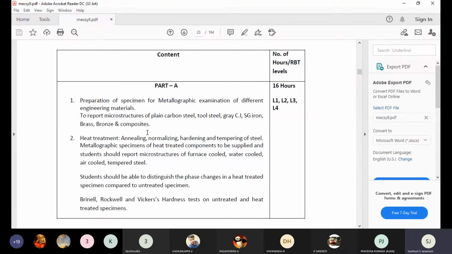Part B is a major experiment. You need to conduct it in a group, and each group contains a minimum of 2 to a maximum of 4 people. While conducting the major experiments, we need a group of people, because we have to handle the machines and set different parameters simultaneously.